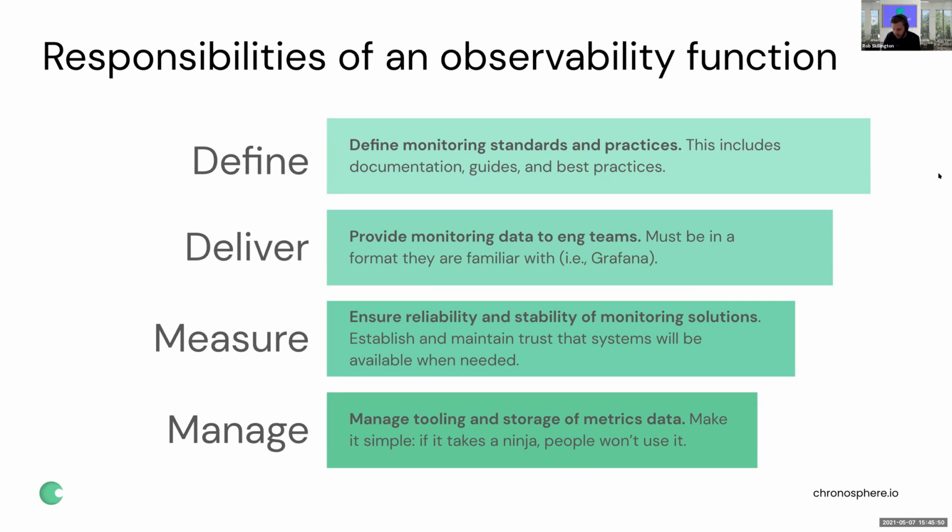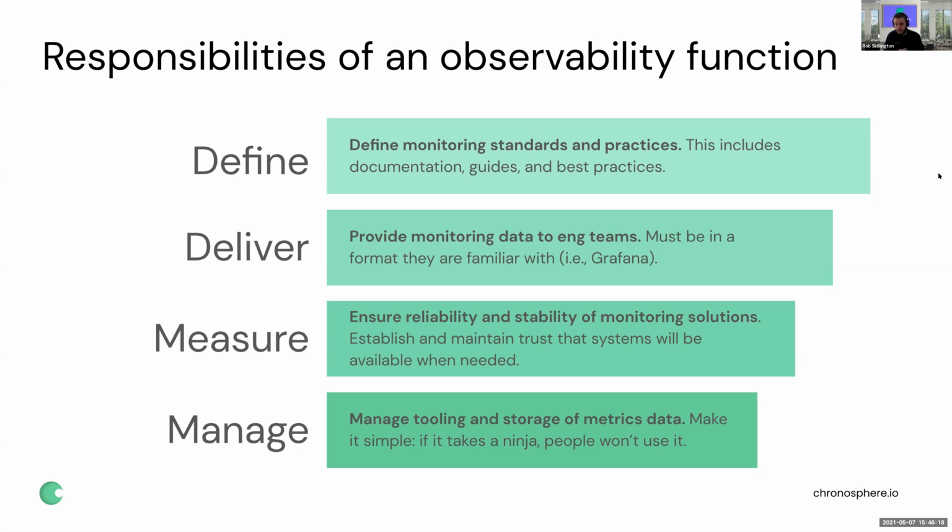So what does an observability function do? Whether that's people or processes, what does observability look like? Based on my time at Uber, where a lot was asked of us from the engineering organization, we truly believe, first and foremost, that when you're performing observability at a company, you need to define the monitoring standards and practices.